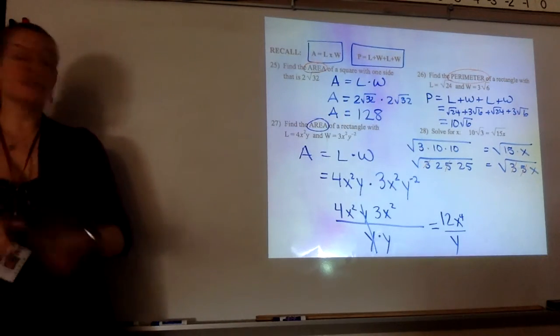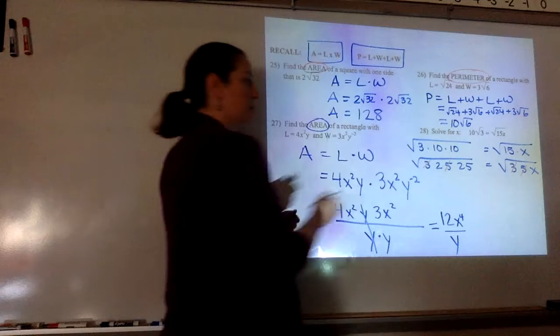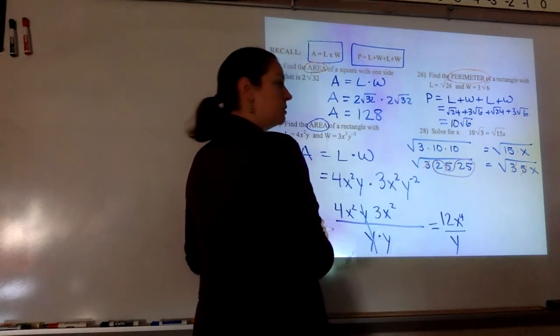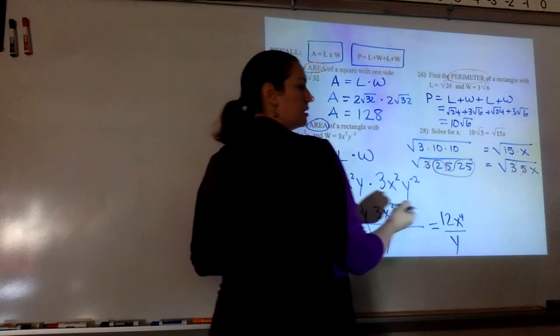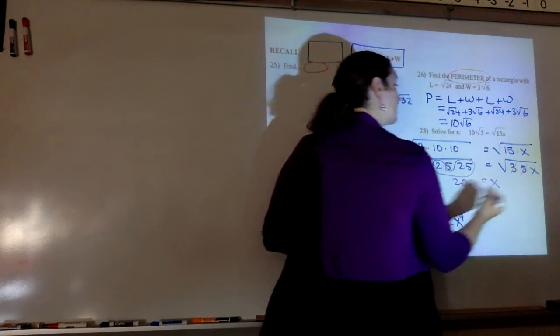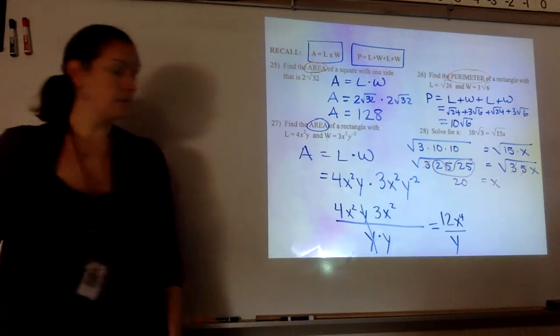Okay, now X has to take on what number? 2 times 2 times 5. How much is that? 2 times 2 times 5 is 20. 20 is equal to X. Done.